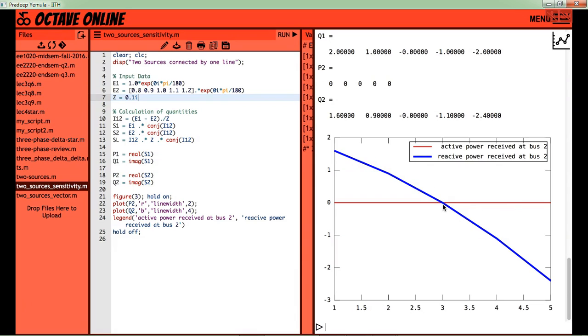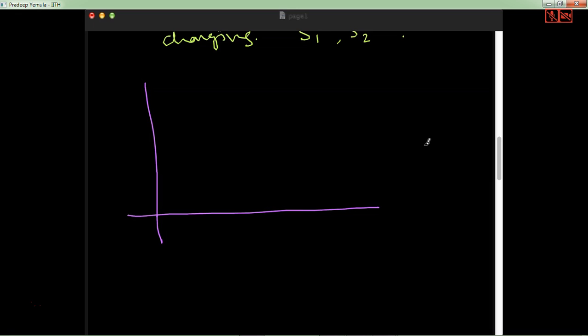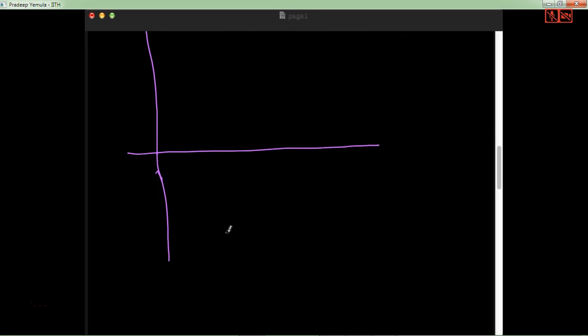Let me go back to our screen and I'll explain one thing. In fact, let me continue the y-axis like this. So this is actually 0. So P1 itself is 0. P1 equal to P2 equal to 0.